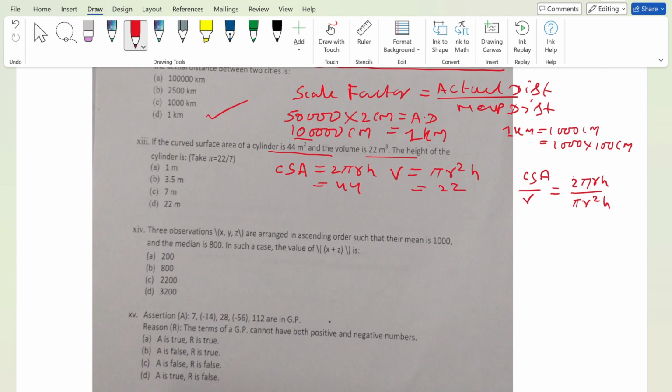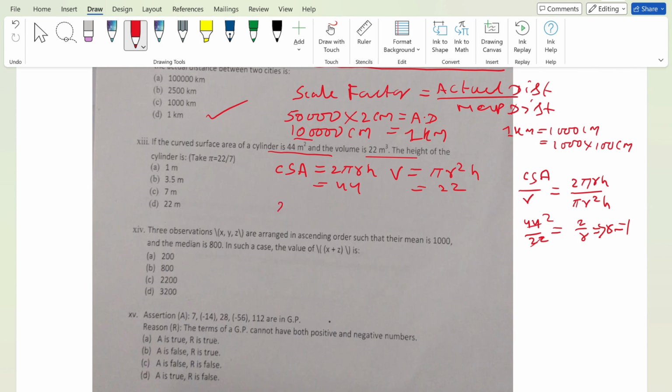CSA is given 44 and volume is given 22, so this equals 2 by r. 44 by 22 is 2. So r equals 1. Now r equals 1, put it in the formula: 2 pi r h equals 44.